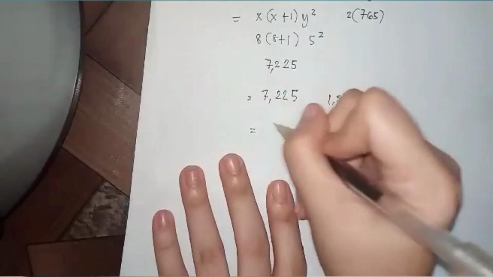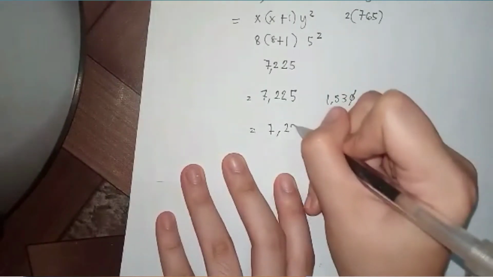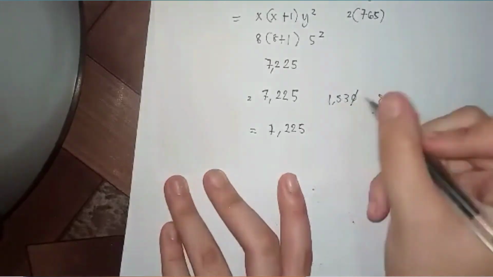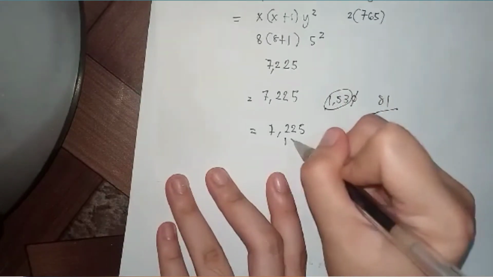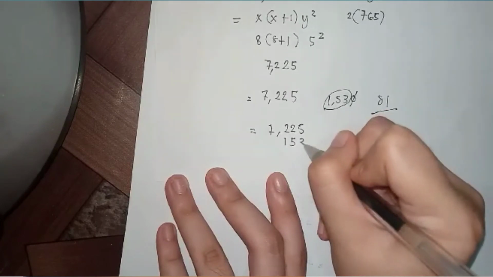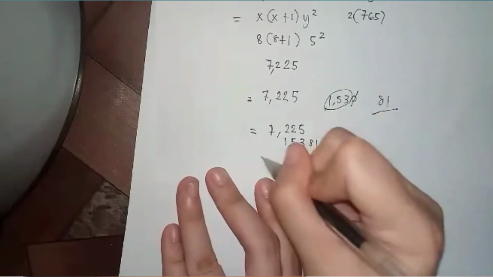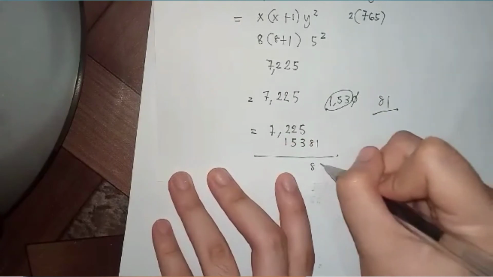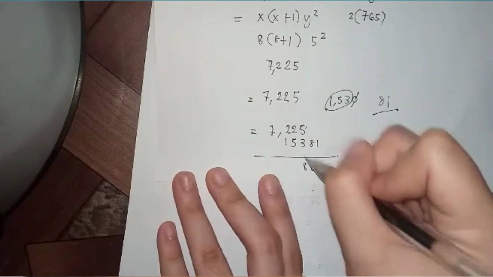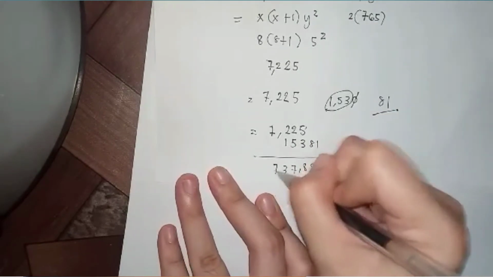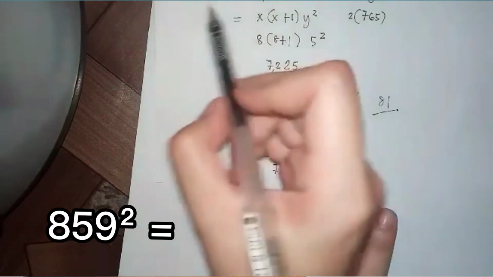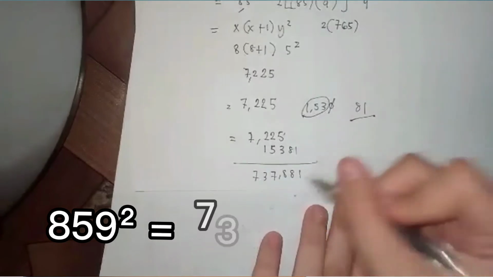So this becomes 7,225. Adding, since this is 3 digits, we're gonna start adding here. And 81. So it becomes 81, 8, 7, 3, 7.